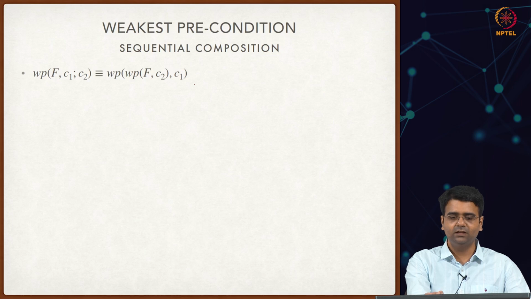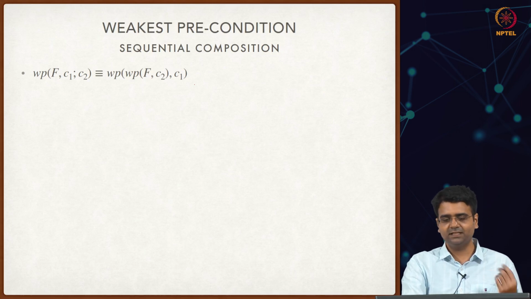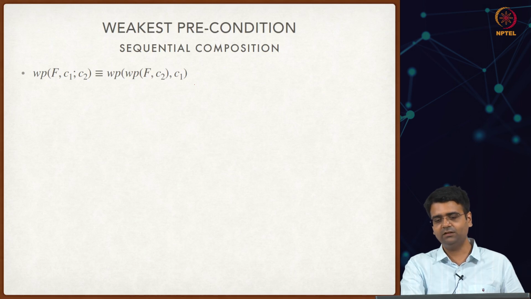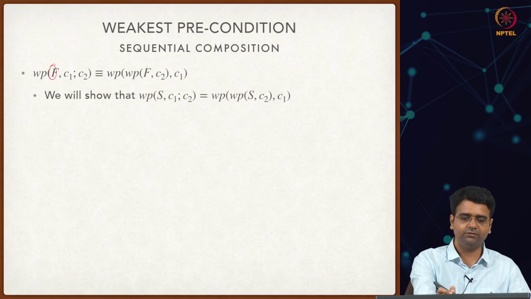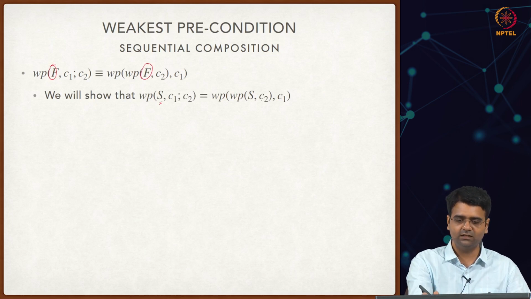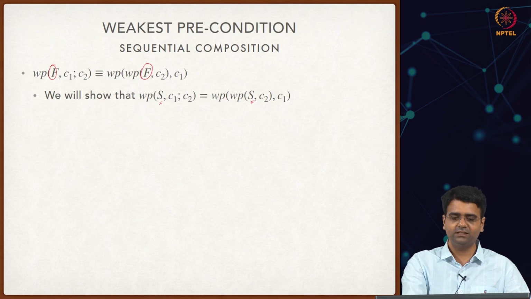Now as an exercise, we will try to prove this formally. This is an exercise which we haven't done earlier for strongest postcondition, but for weakest precondition, let us try to prove this statement formally, meaning that we want to show that these two sets are equal. Instead of taking a formula f, we will just use a set of states S, since a formula f just encodes a set of states.